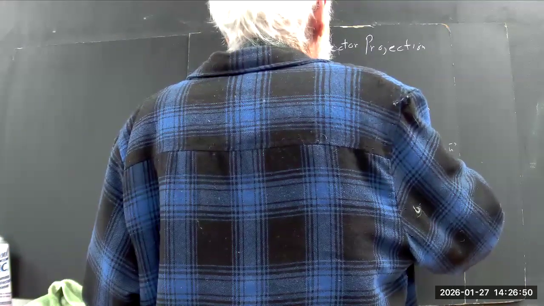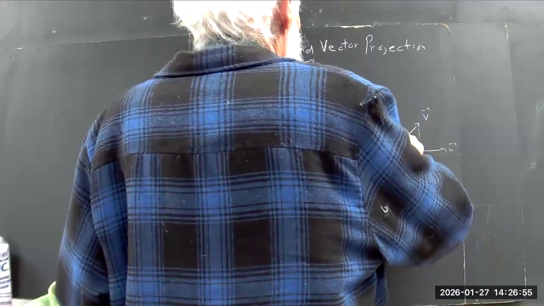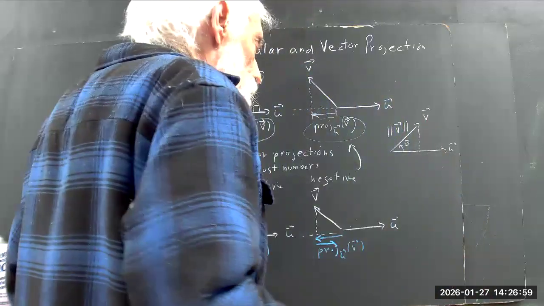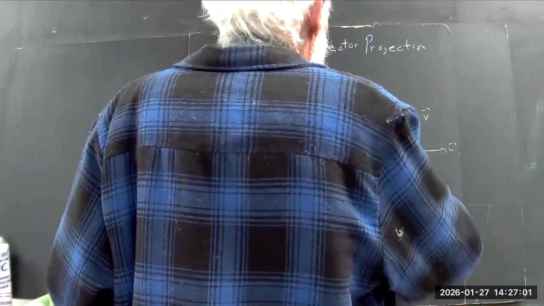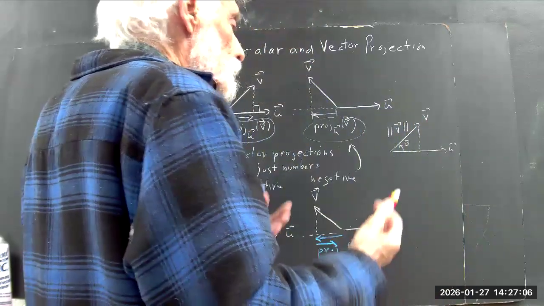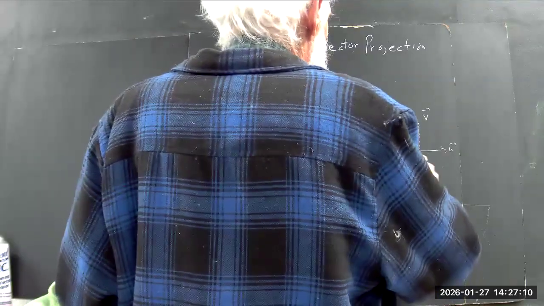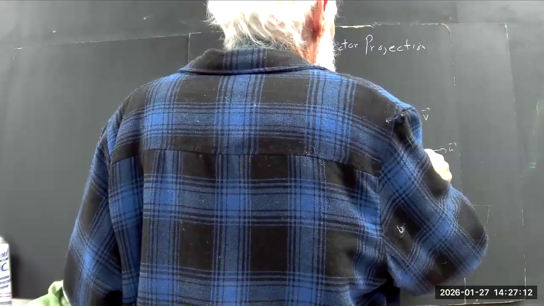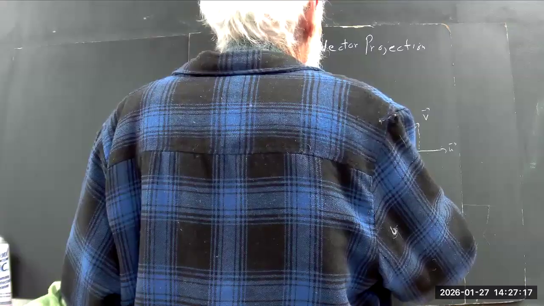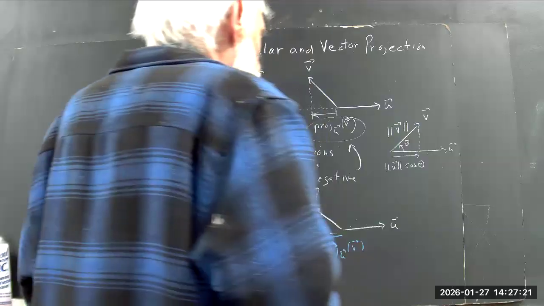The angle between the vectors is theta. The length of the vector v is its magnitude. Then it follows from very simple right angle trigonometry, one of the first things you learn about sines and cosines, that this scalar projection is equal to the magnitude of v times the cosine of theta.